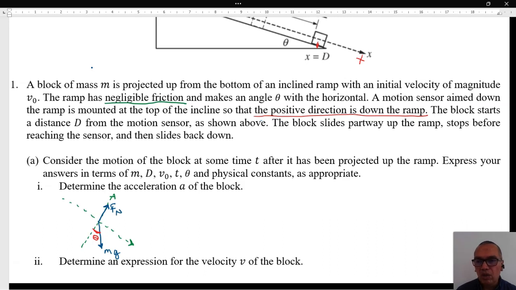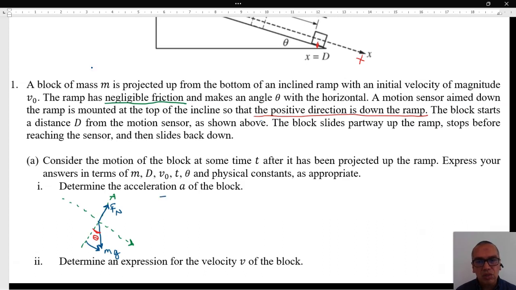But if it's perpendicular to the ramp, it has no component in the direction that the block is accelerating. Therefore, the only thing that is accelerating this block is the x component of the weight or gravitational force.